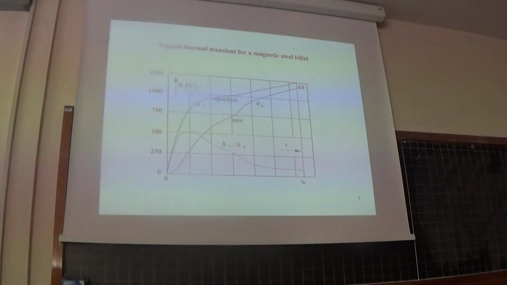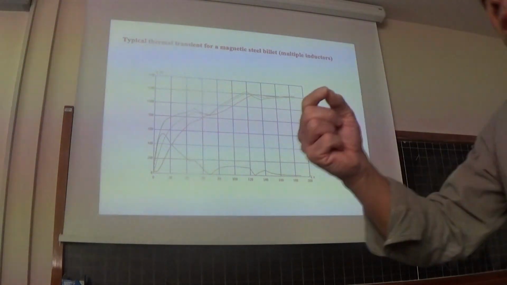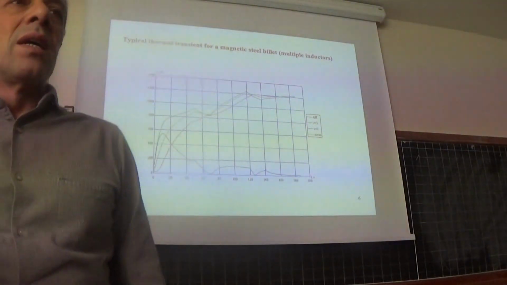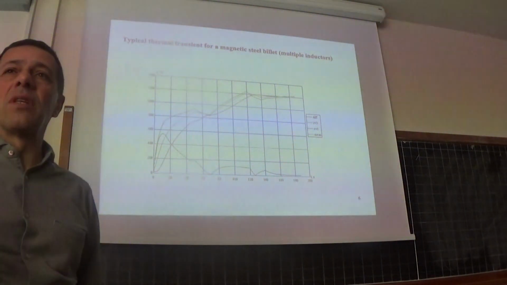Okay? Perfect. But there are some solutions to these problems, and the solution could be to use not only one inductor, like in this case, but several inductors. And each inductor can be used for a special phase of the thermal transient.